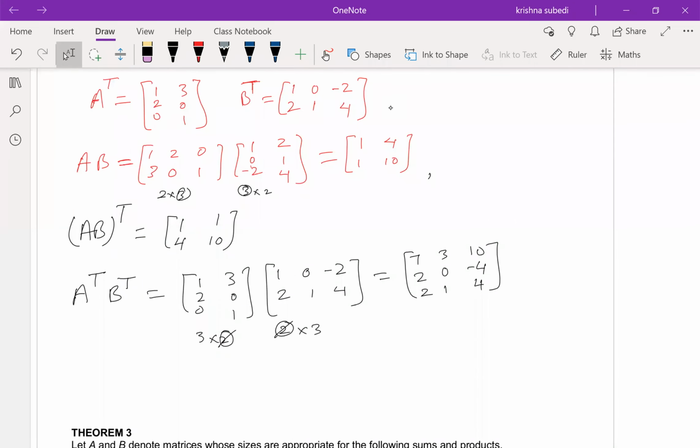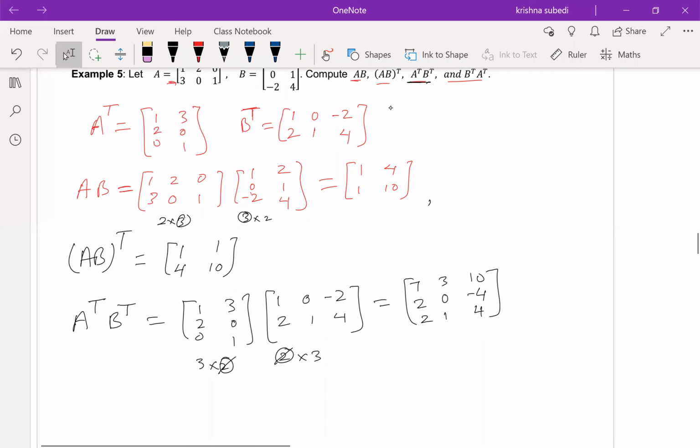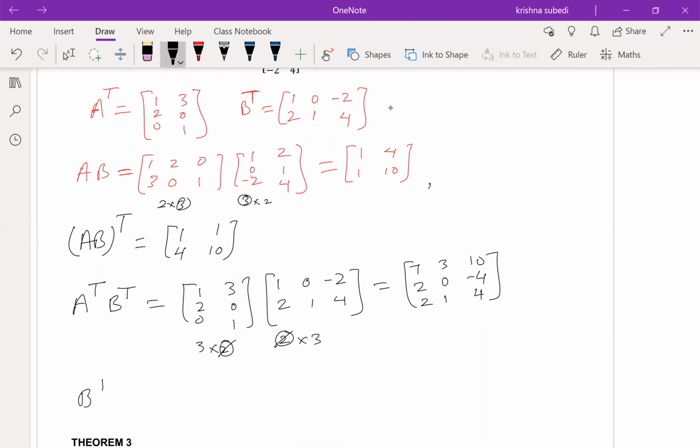Now, next, what do we need to find? B transpose A transpose. So B transpose is 1, 0, -2, 2, 1, 4. That is our B transpose, and A transpose is 1, 2, 0, 3, 0, 1. And now if we multiply, what do we get? 1 and 1 in the first row.